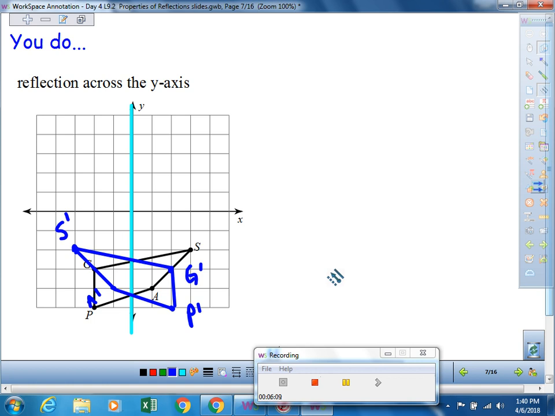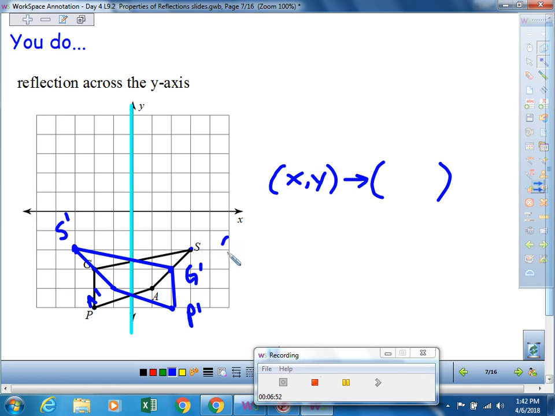All right. Did you write the algebraic rule? Okay, write it right now if you haven't. So this is all part of the algebraic rule because what it says is this original ordered pair.